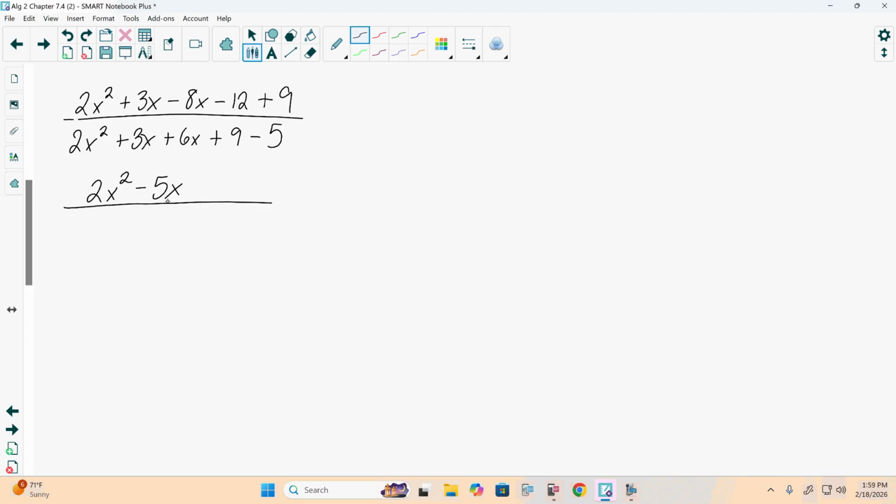And lastly, negative 12 plus 9, negative 3. On bottom, we do have the 2x squared. 3x plus 6x, 3 plus 6 is plus 9x. 9 minus 5 is plus 4.